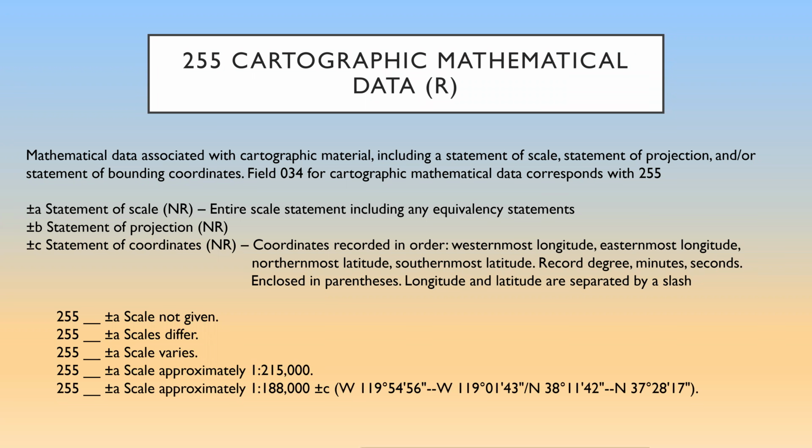So that would just be one subfield, just an A. If you had some other information, then it would be coded differently. This would be what would be coded in the 034 based on this information in your 255.